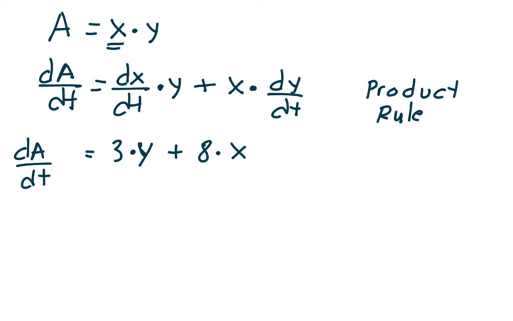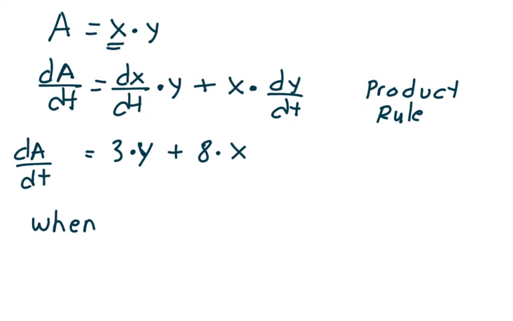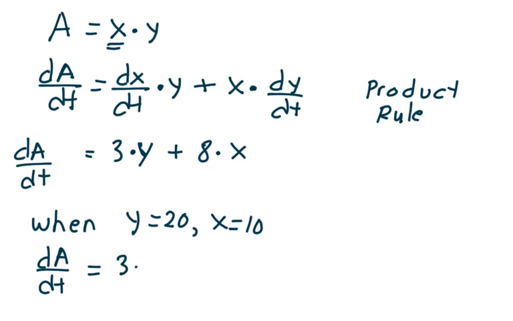And so I'm going to say when y equals 20 and x equals 10, dA/dt is 3 times 20 plus 8 times 10. But this is 60 plus 80, which is 140.